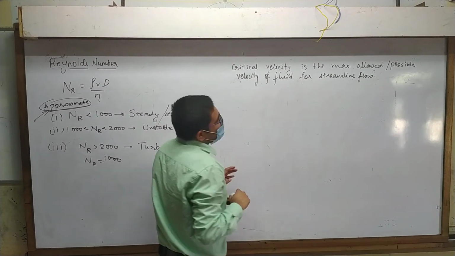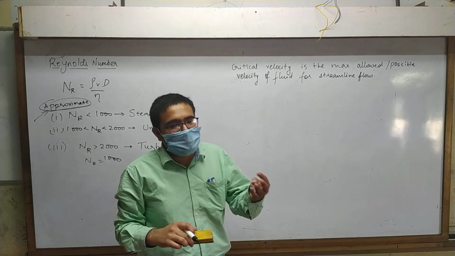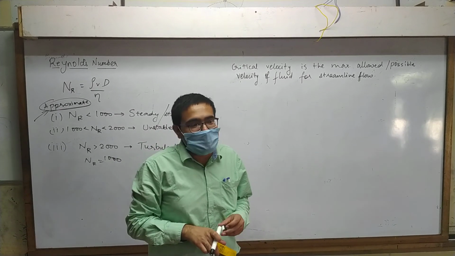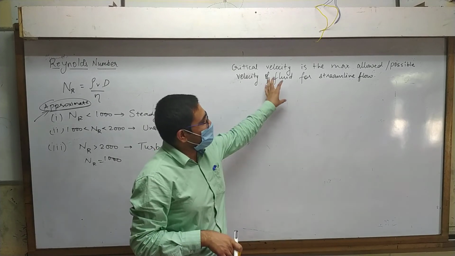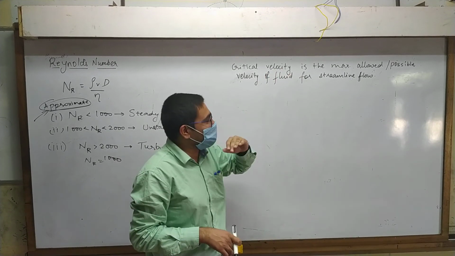What that means is, if the velocity is more than this, the flow will become unstable.